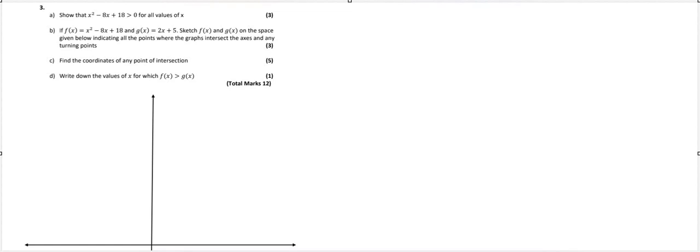So we've got y equals x squared minus 8x plus 18. Okay, so if we're going to complete the square, we take half of b. So that means I'm going to do x minus 4 squared. When I expand that bracket, I'll get my x squared, that's good, I'll get my minus 8x, that's good, but I'm going to get plus 16.